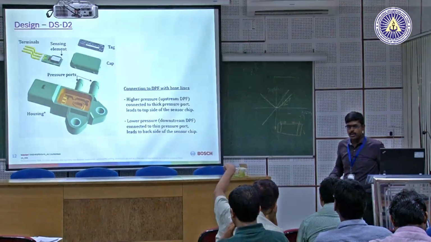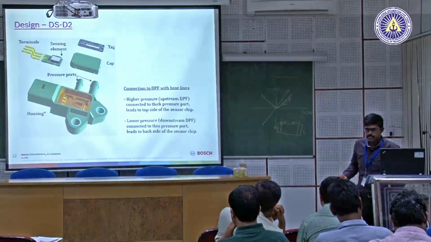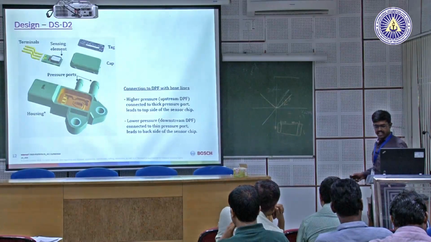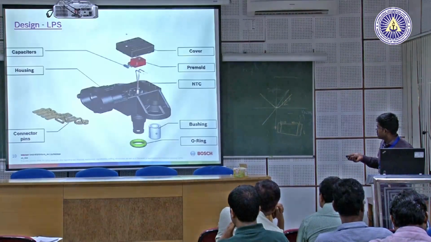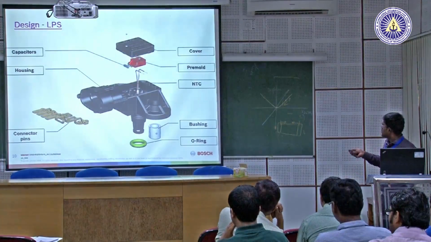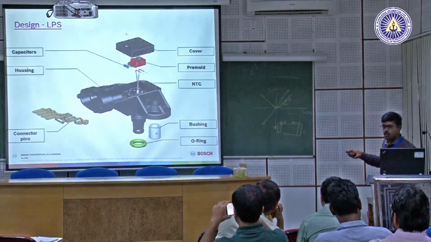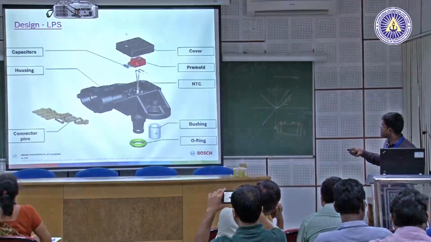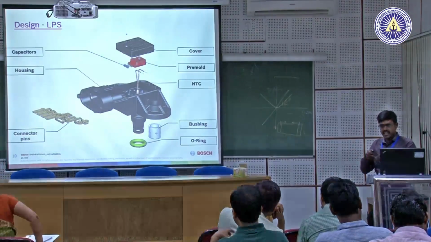How are you maintaining that absolute vacuum in the earlier case? Yeah. So, the thing is, this is called a pre-mold and it is the heart of the sensor. In this there is again a small circuitry.